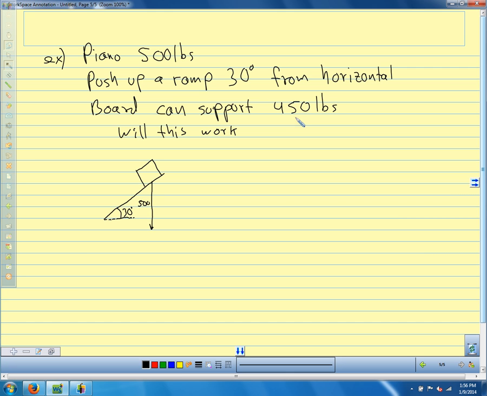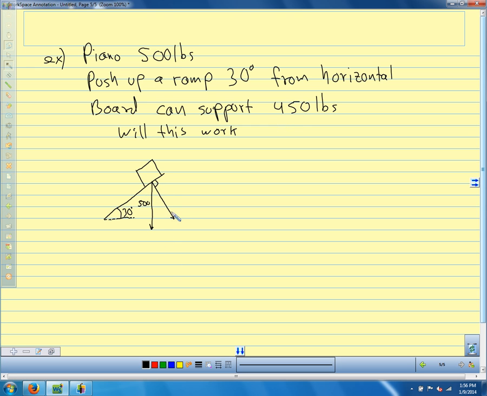So we're interested in this portion, the amount of force that the piano is exerting at a 90-degree angle to the board. So we want to see if that component, that portion of this force, is larger or smaller than 450 pounds.